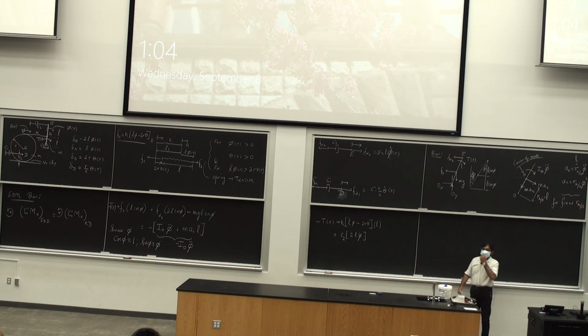Okay, and then I'm going to have the length, which is 2 times L times cosine phi, but cosine phi is approximately equal to 1 for small oscillations, so this becomes equal to 2. Gravity, my good friend, mg L times phi.